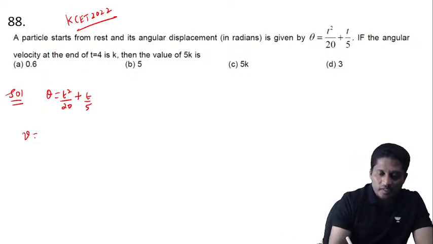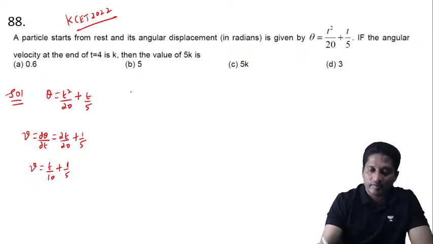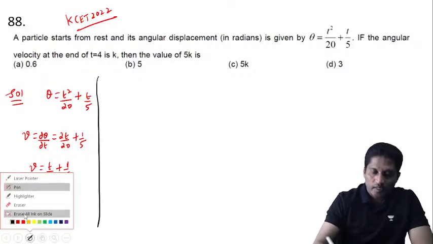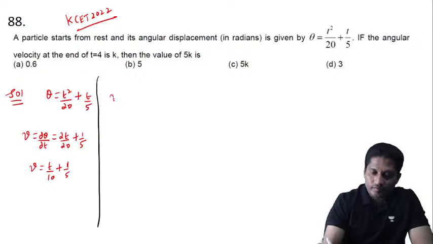Rate of change of displacement is velocity, that is, this is 2t by 20 plus 1 by 5. So v is equal to t by 10 plus 1 by 5. Now according to the question, angular velocity at the end of t equal to 4 is equal to k, that is 4 by 10 plus 1 by 5 is equal to k.